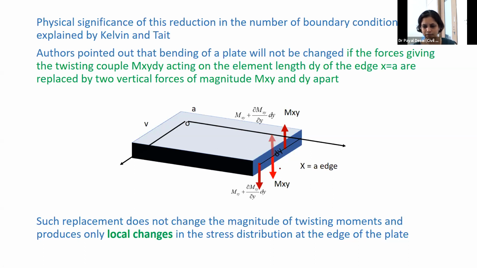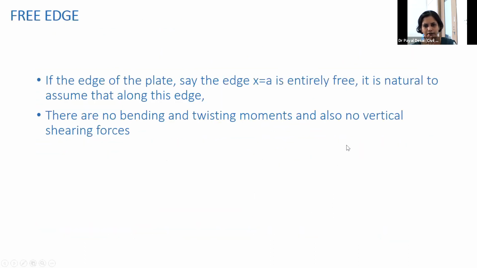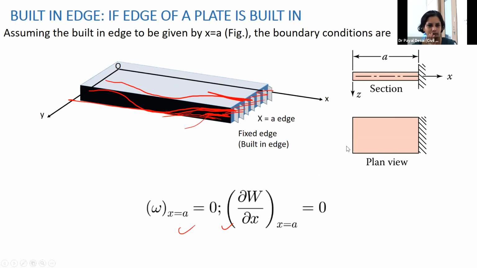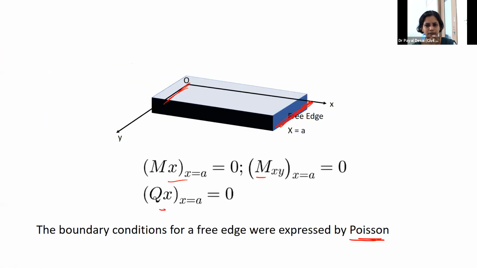The entire process I will go through quickly because we need to see one example as well. So this is the physical significance of reducing the number of boundary conditions on the free support, not at the other support, where we already have the straightforward boundary conditions: slope in the x direction and deflection should be zero for the fixed end. But for the free end only, this problem of multiple boundary conditions arises.